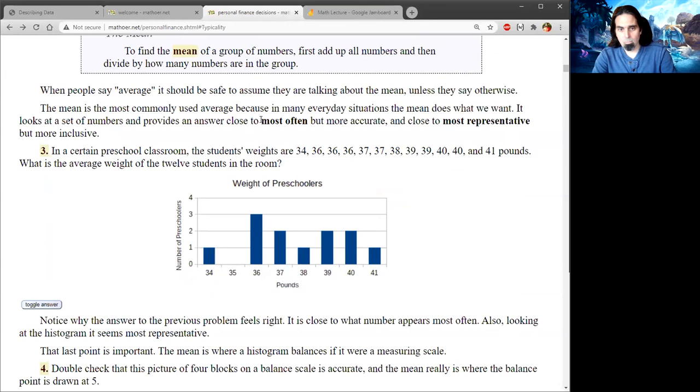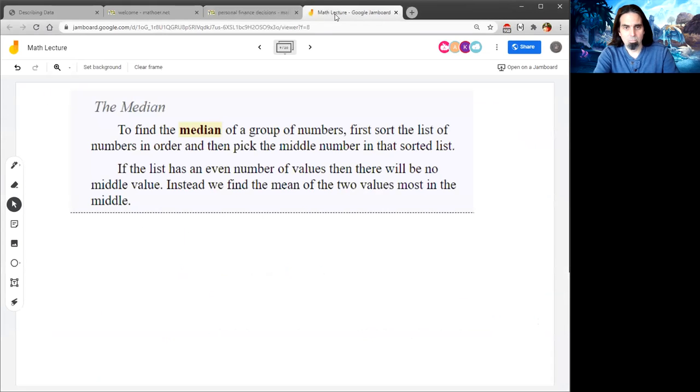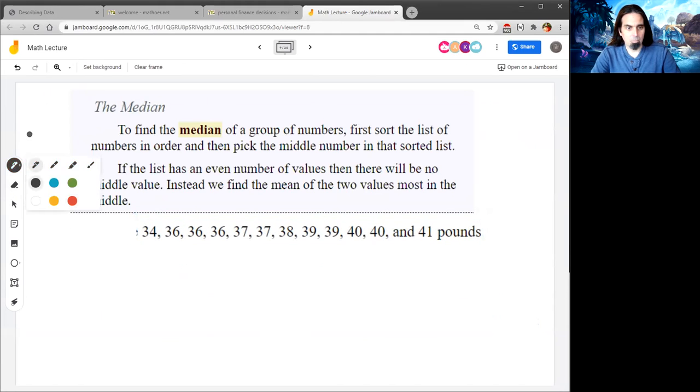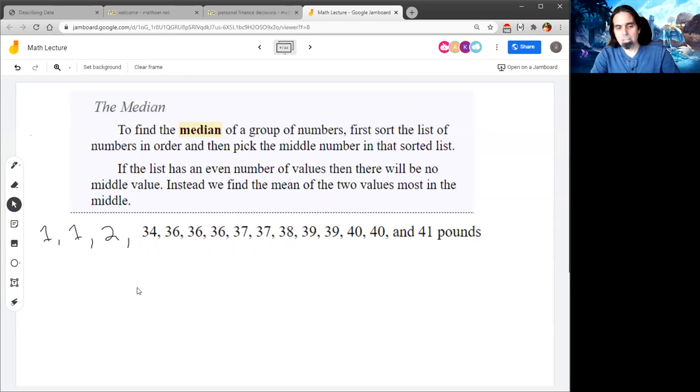Oops. Okay, so now we've listed out all the weights.